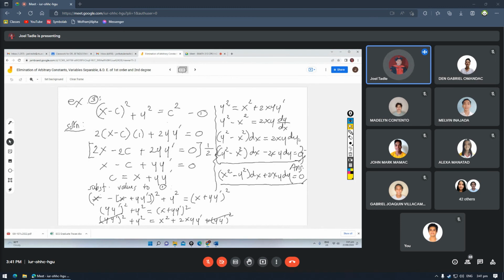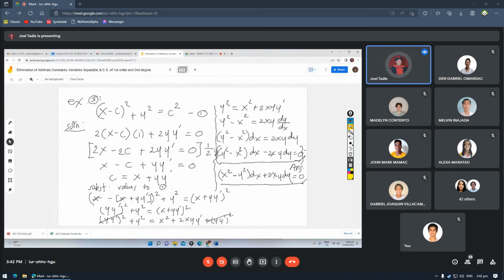Then atong gi-transpose ang 2xy dy to the left, so ma-negative na siya. Then equal 0. So this is our final answer, no? X squared minus y squared times dx plus 2xy dy equals 0.